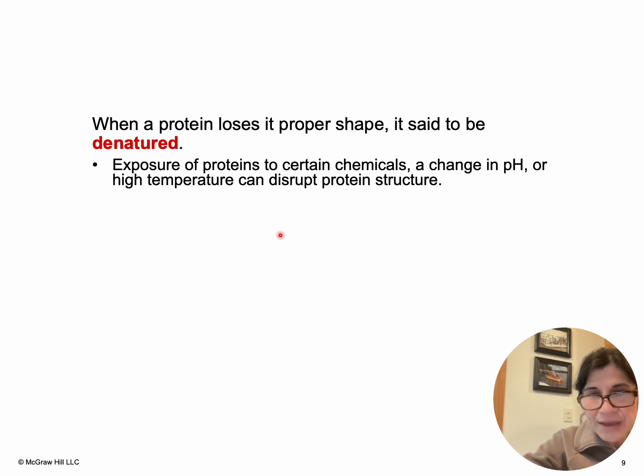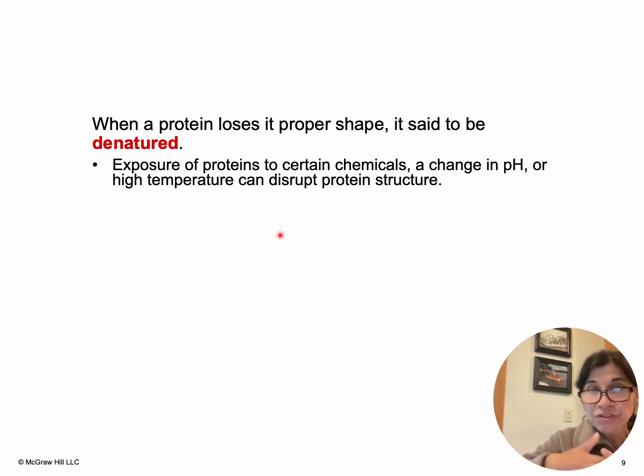When you put it on that hot pan, that's a really harsh condition. All of a sudden, that egg white turns from transparent, translucent, to white. That's denaturing. The protein that made up the egg white was put under high temperatures, and it caused the shape to change, which made it appear different to our eyes.